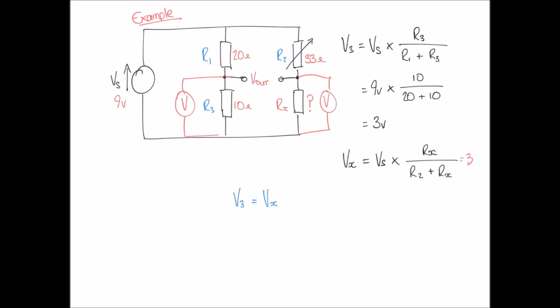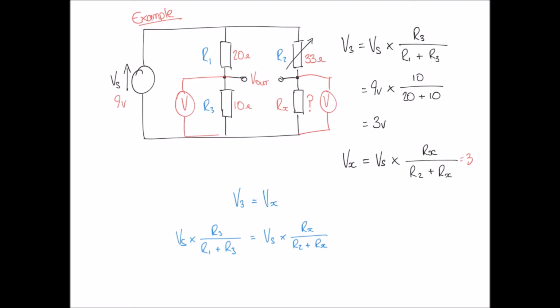It's Vs multiplied by our fraction on the left hand side, R3 over R1 plus R3. And we know that that's equal to Vx, and we said that Vx was Vs multiplied by a fraction, Rx over R2 plus Rx.